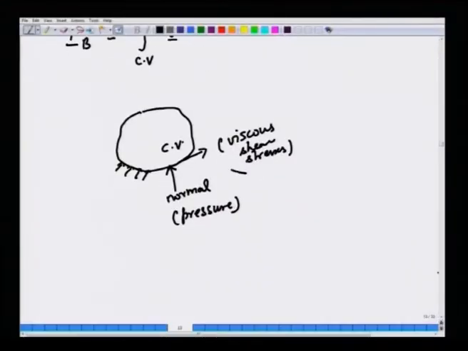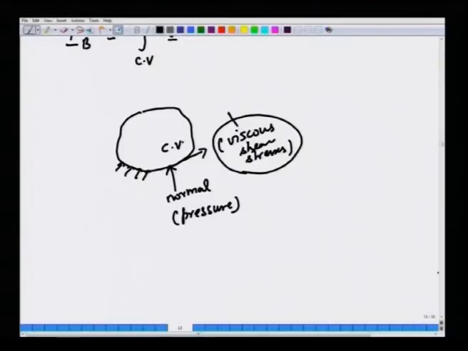Usually the viscous shear stresses that act on a control surface, although they are important in many applications, are extremely difficult to know a priori. We will see a little later in the course that to have a good knowledge of viscous shear stresses, for example on the wall of a pipe, we have to use differential balances in detail.